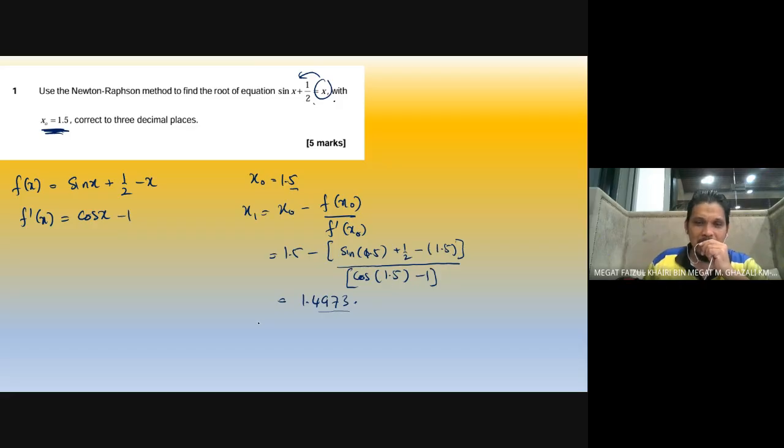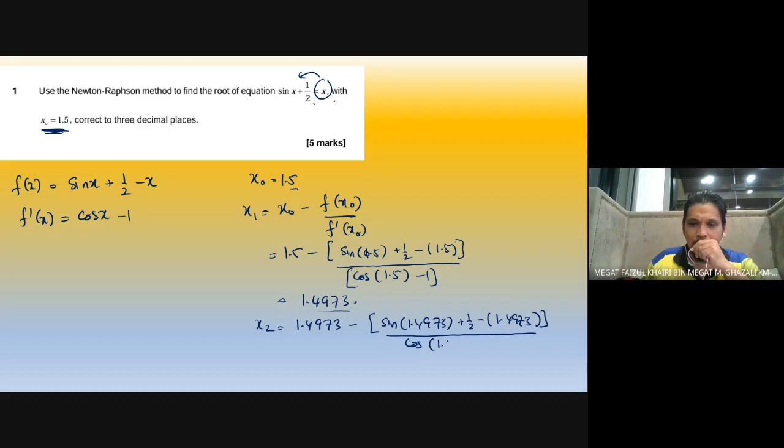So we repeat the process. x2 is 1.4973 minus sine 1.4973 plus 1 over 2 minus 1.4973, divided by cos 1.4973 minus 1.